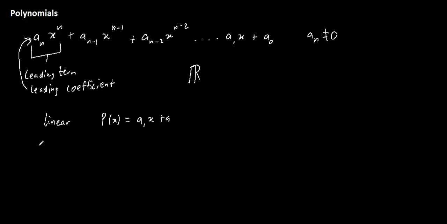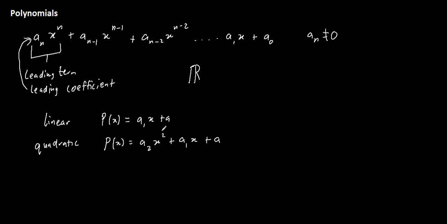We have a quadratic polynomial, defined as p(x) equals a_2 x squared plus a_1 x plus a_0. It's just like an extension of linear.